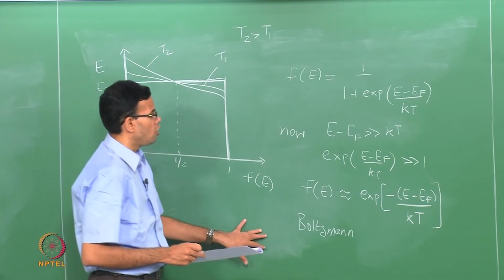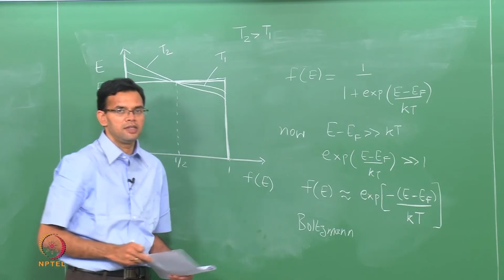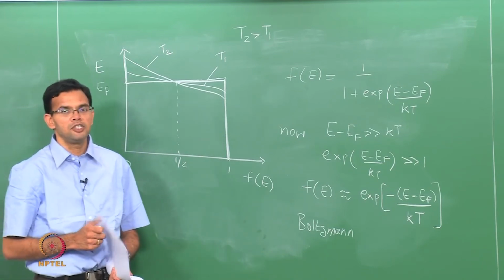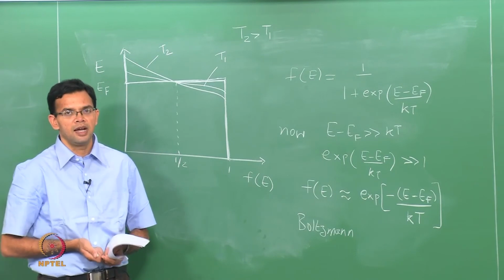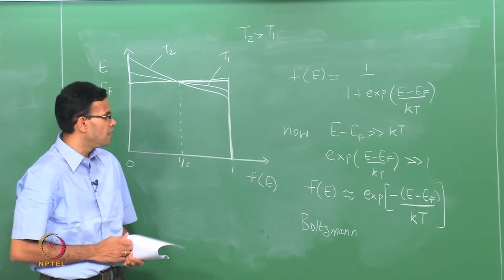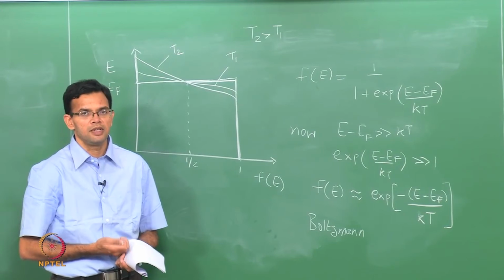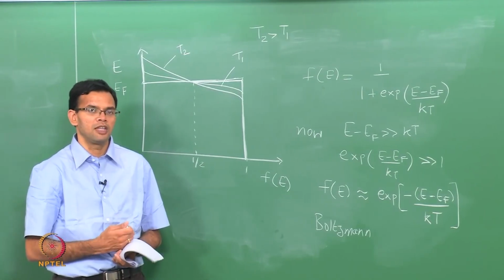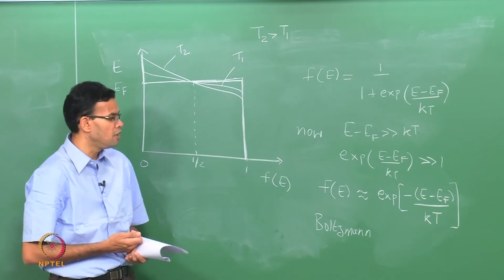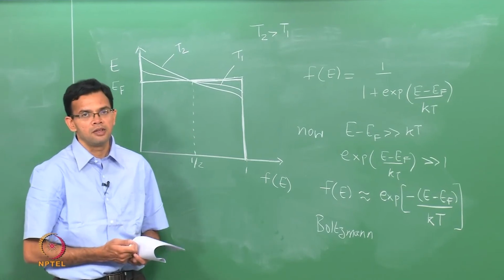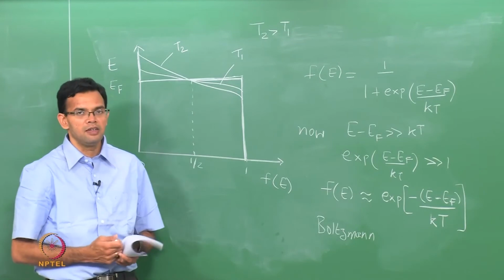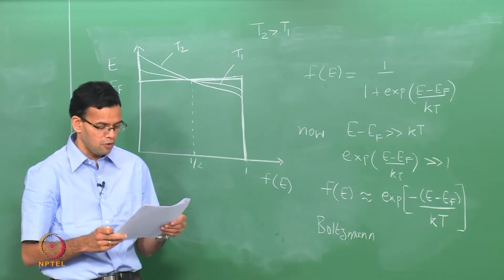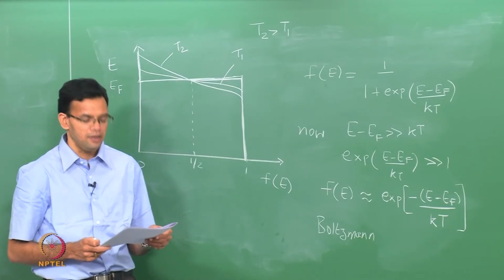So, today we have talked about two terms. One is the density of states, which tells you the number of available states that are to be occupied, and then the Fermi function that tells you whether these states will be occupied or not, or in other words, what is the probability of these states being occupied. If you put these two together, you can get the total number of electrons or holes in a band.